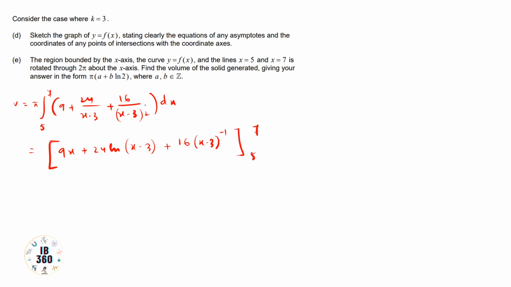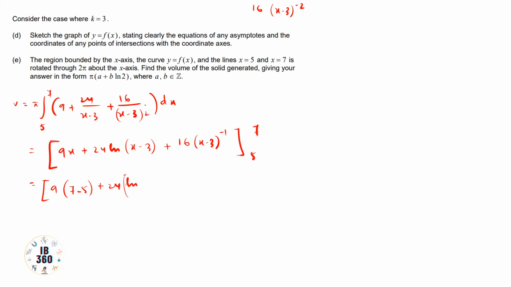Just simple integration. Just one more example for you: 16 is basically 16 times x minus 3 to the power minus 2, and simple integration here.